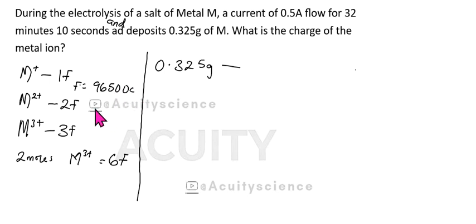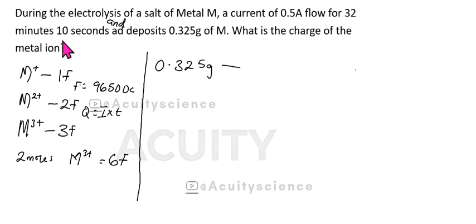Coulomb is the quantity of electricity given by current times time of flow. So here we have 0.5 as our current, and for time we have 32 minutes 10 seconds.